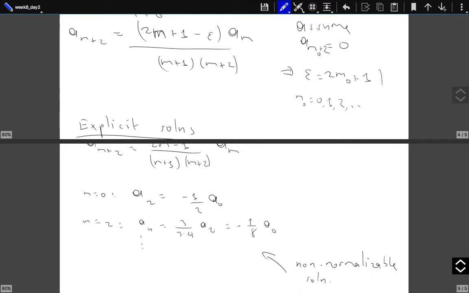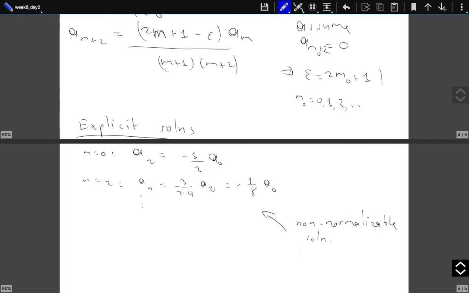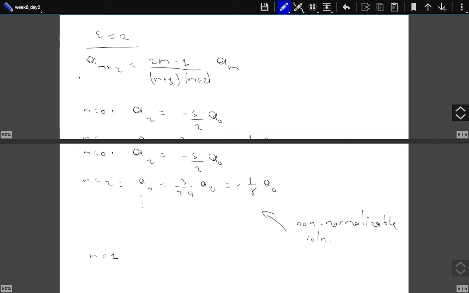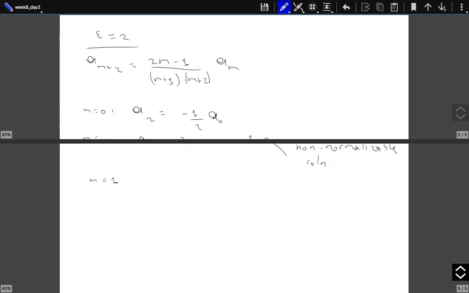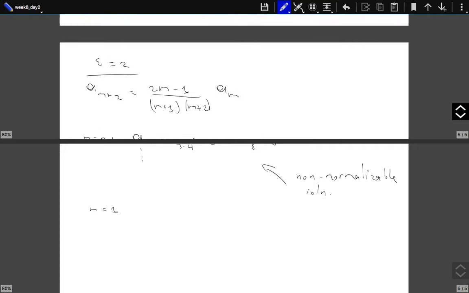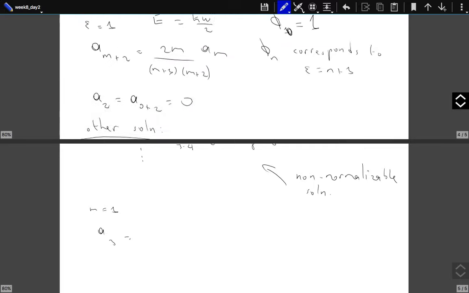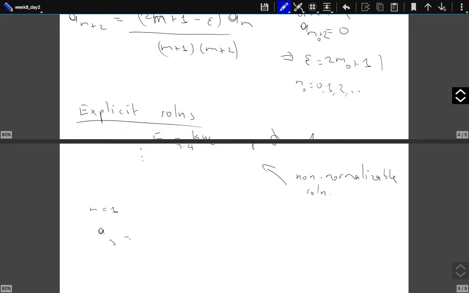Now let's look at m equal to 1. Let's put m equal to 1 in our recursion relation here on the first line. If m is equal to 1, A3, now hold on, I made a mistake over there.